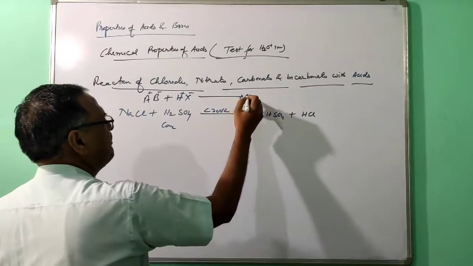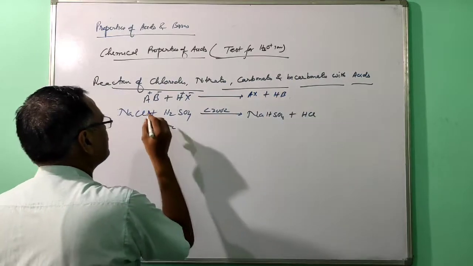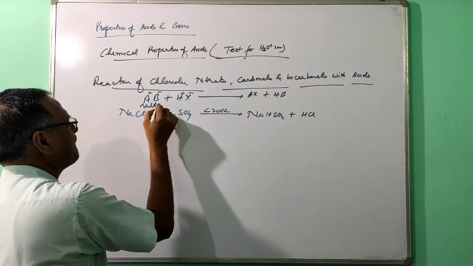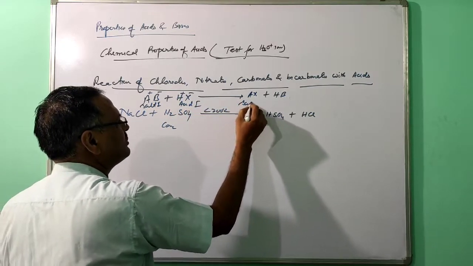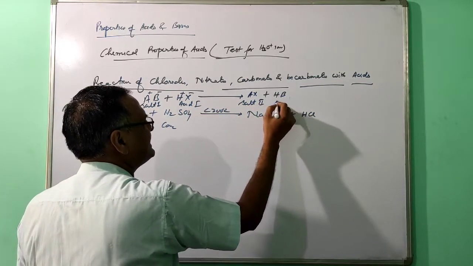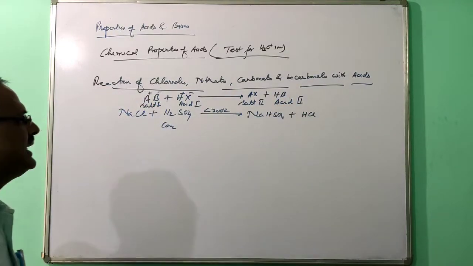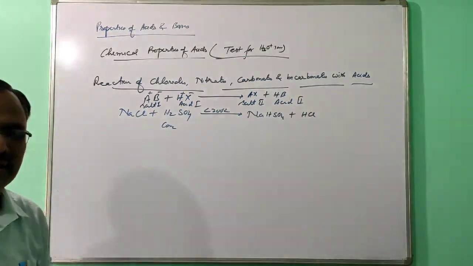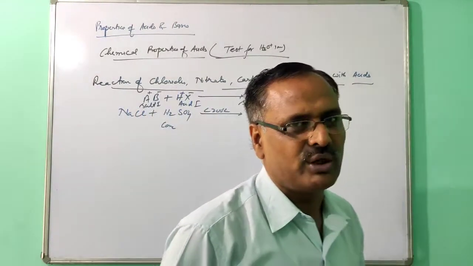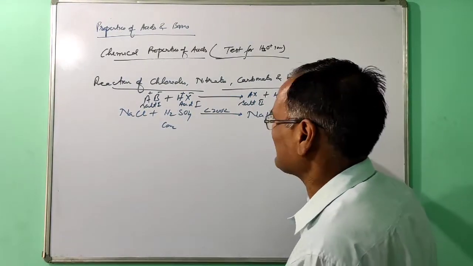So this will form AX plus HB. This is salt 1, this is acid 1, this is salt 2, that is acid 2. Here one acid is less volatile and the other is more volatile. So less volatile acid displaces more volatile acid. So concentrated H2SO4 displaces HCl.